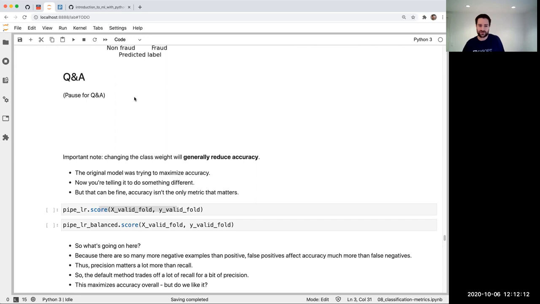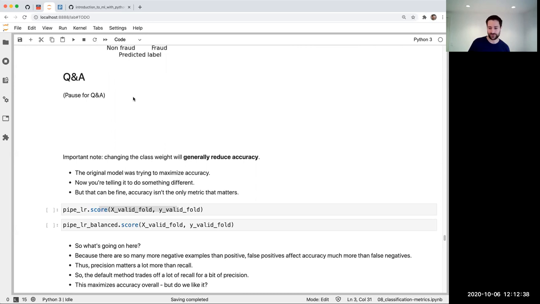Then sure, you can tune whatever you want, including class weight, and try to get the best F1 score, and that's totally fine. But often it might be hard to find a score that perfectly encapsulates what you care about. Then it might be that you do a bit of manual tuning of class weight to get the trade-off between precision and recall exactly how you want it.